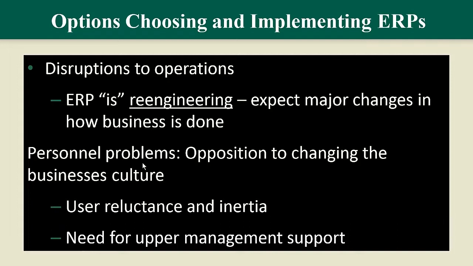This frequently leads to personnel problems. Employees often oppose changes to the current business culture. This is known as user reluctance and inertia. And it is one of the major reasons that ERP implementations fail. So it's very important to have strong upper management support for the ERP implementation.